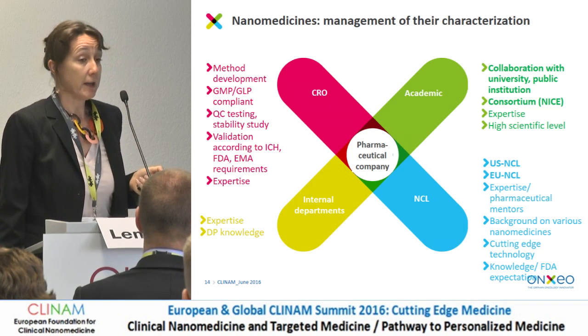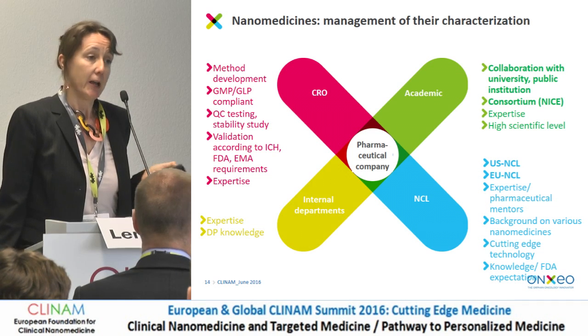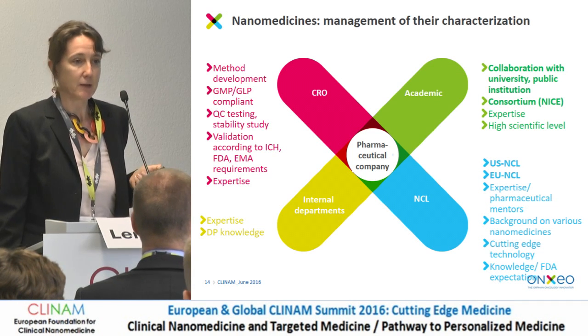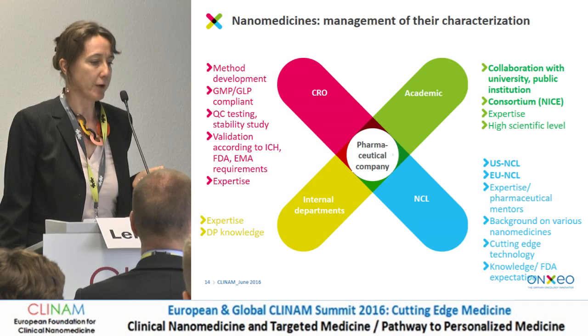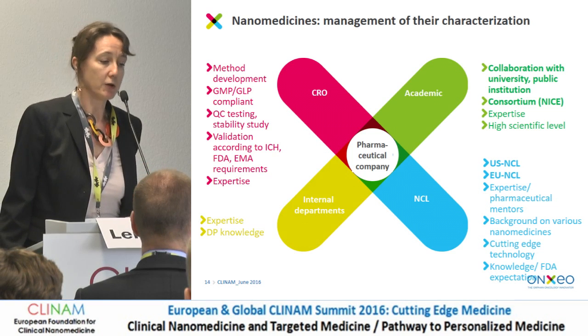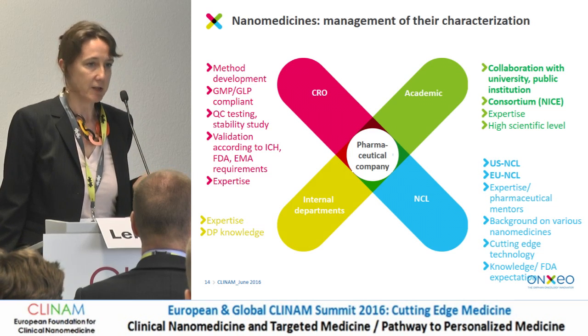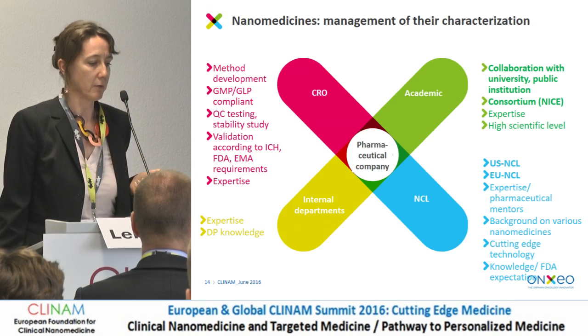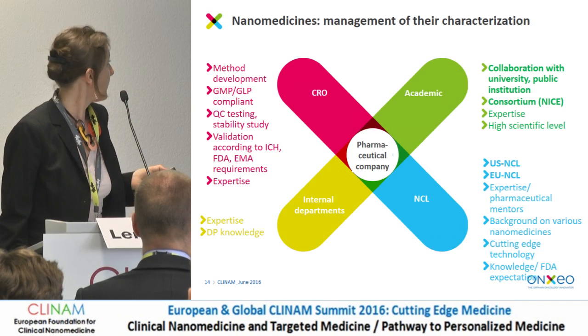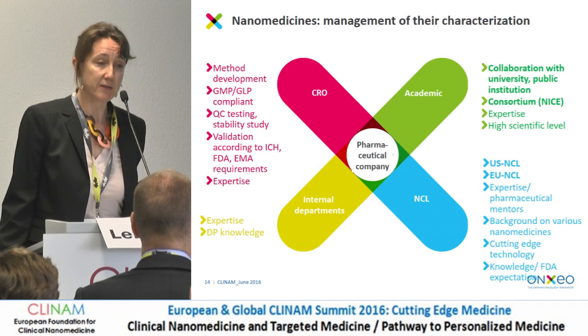And when you move to a clinical study, you have to adapt the quality of your product and develop some methods to comply with the GMP or GLP requirements, with QC testing, stability study, and validation according to the regulatory requirements. Even if it's not GMP, you could work with a CRO with the specific expertise that you need for your product.